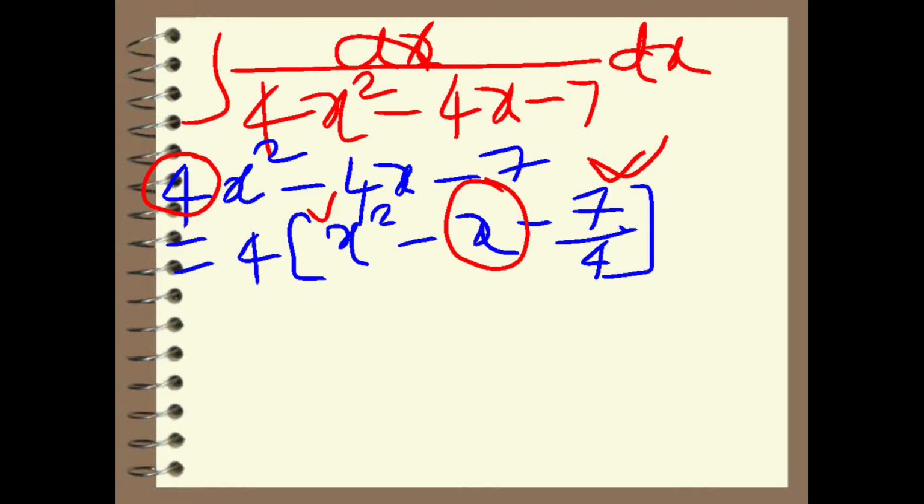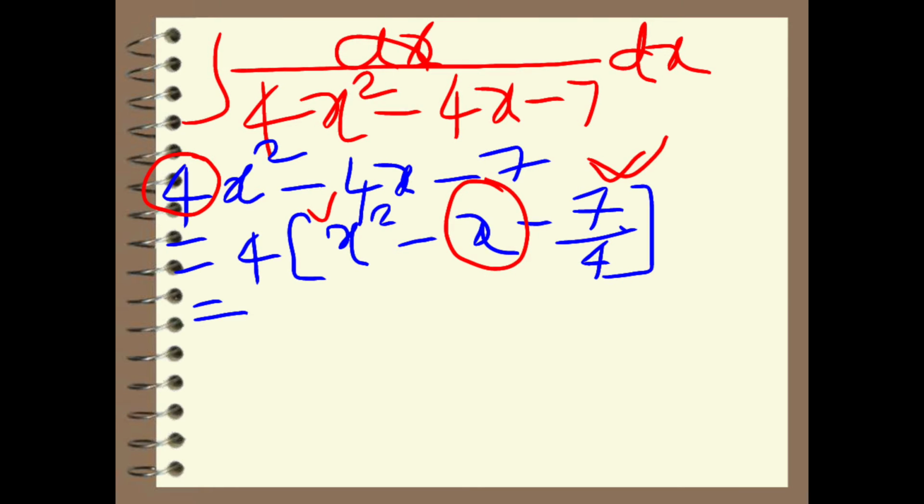If the linear term does not have a multiple of 2, then what we have to do? Already I told you, we should multiply and divide by 2. So the linear term is not having a multiple of 2, we should multiply and divide by 2. So here I am doing that.